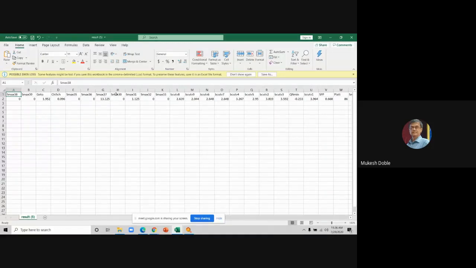Some of them are zeros, some of them are numbers. If you want to know what these descriptors mean, you can identify things like volume or surface area or log P, but there are many descriptors which are related to geometric parameters and graph theory. So you have to go to the help of ChemDes or even some background literature to identify them. Some of the descriptors are very complicated to understand in a simple way.